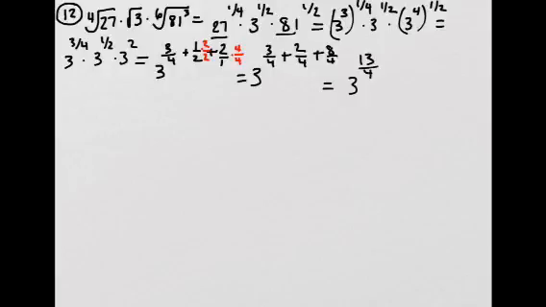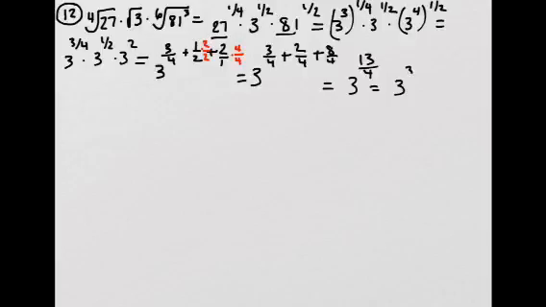Okay? Now, whenever the numerator is bigger than the denominator, that means that the radical, if you change it back to radical, would not be simplified. So what we have to do is change the exponent to a mixed number. So you get 3 and 13 over 4. 4 goes into 13 3 times with the remainder 1, right?